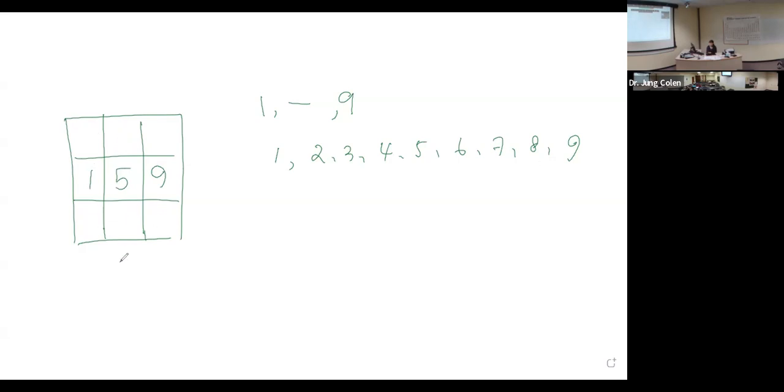Where do we put 8? Here? Below 5. If I put 8 here, I can find what number goes here, which is 2. Then what else can we do?